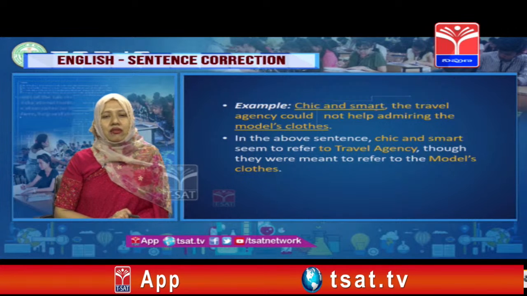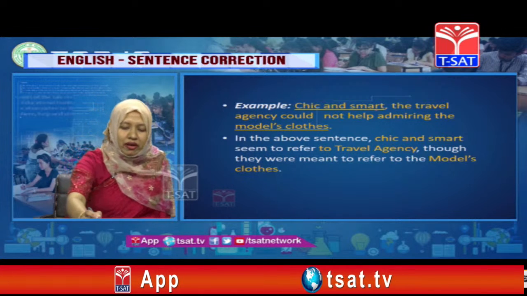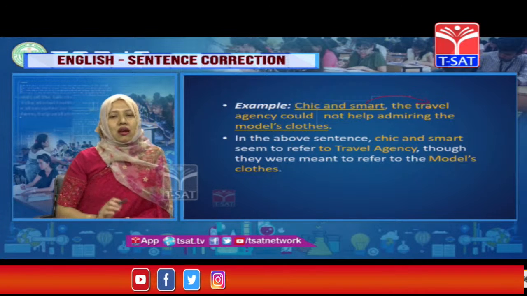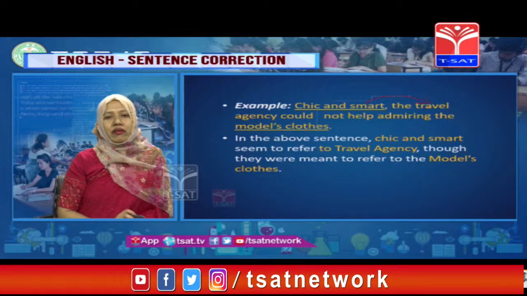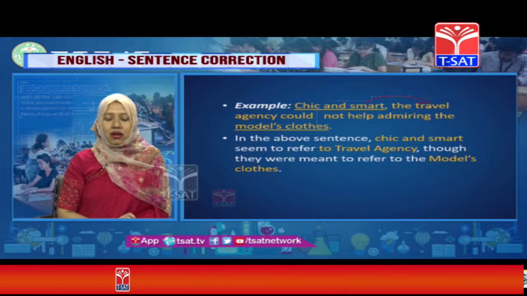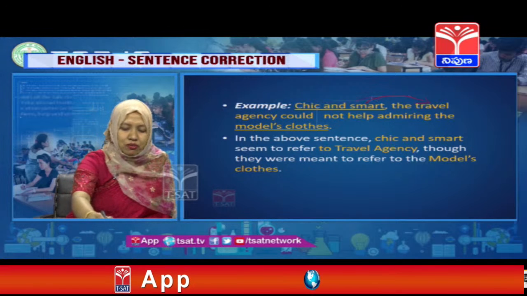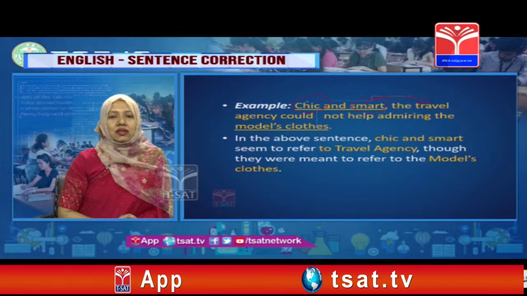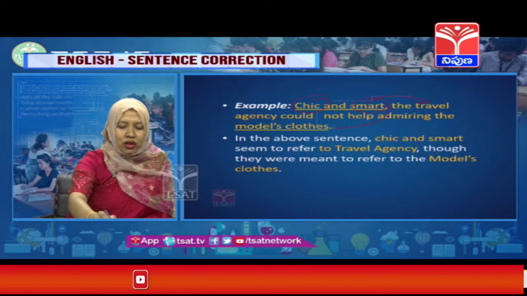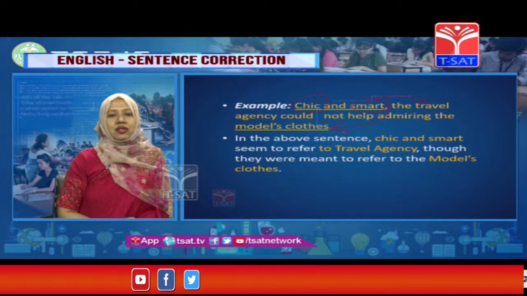Now you think that chic and smart refers to travel agency because this comes next. This is followed by travel agency, but it is wrong. Here this adjective, chic and smart, is talking about what? It's talking about model's clothes, not travel agency.